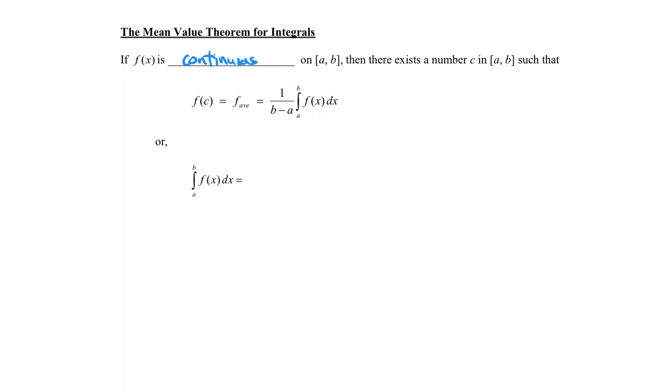So let's look at this and see what it's saying. What this is saying is the average value of the function is the same as the function at point c.